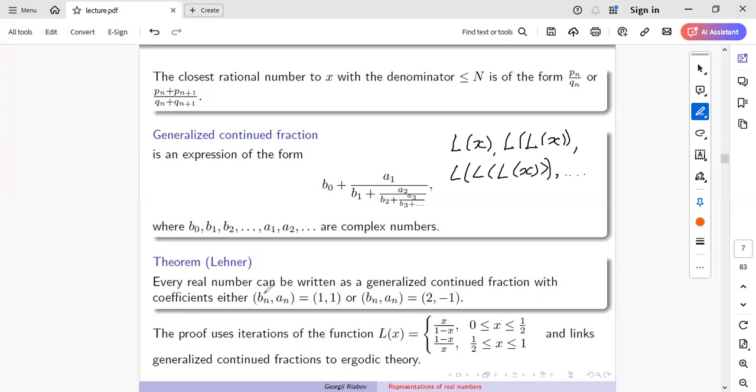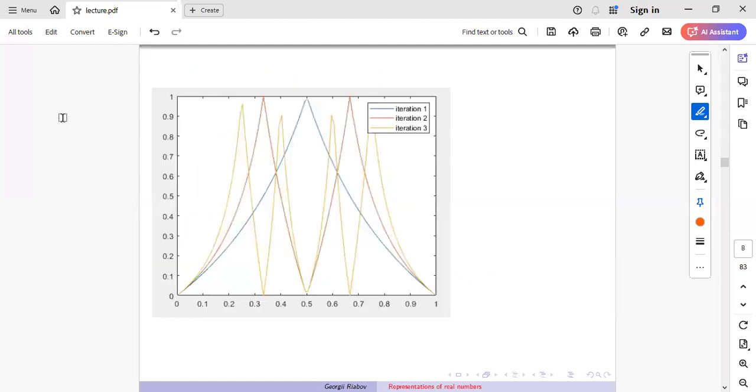This is an object of modern research. For you to imagine, the blue function is the first iteration, the red function is the second iteration, and the yellow function is the third iteration.